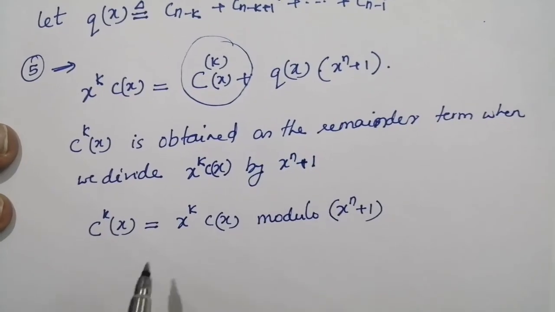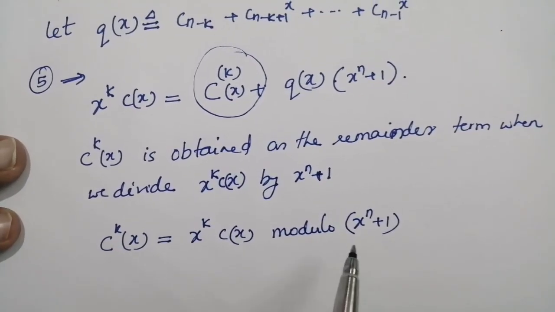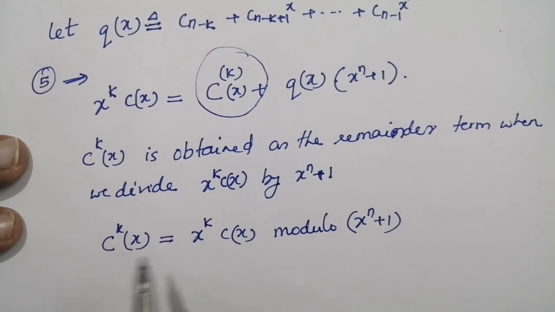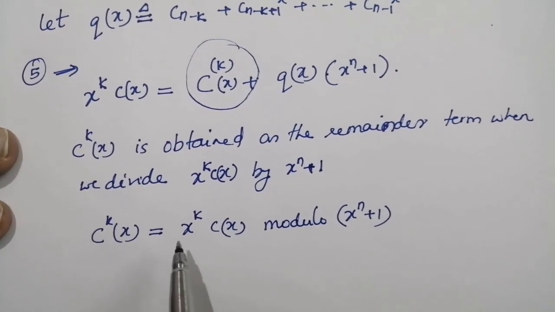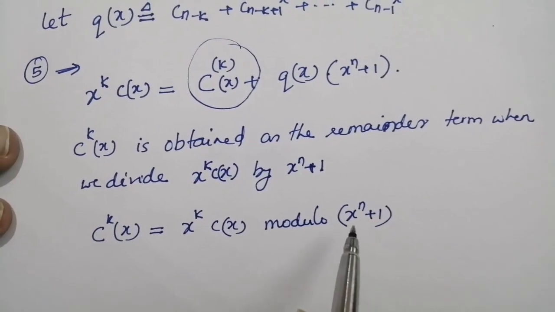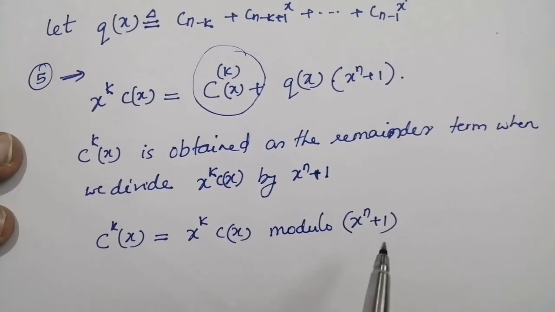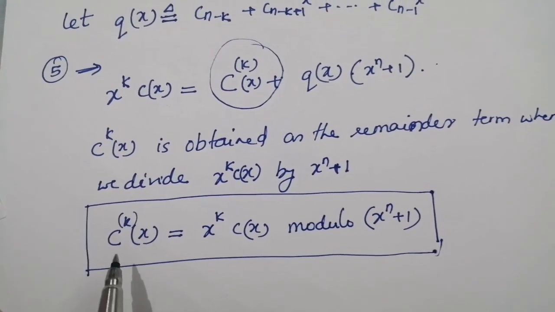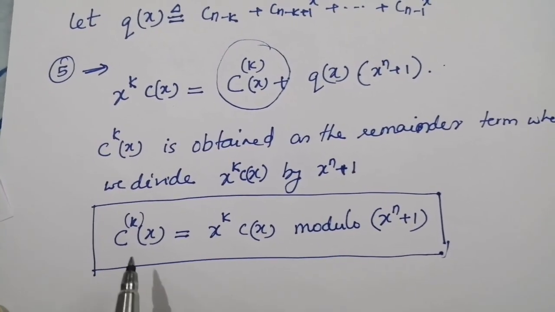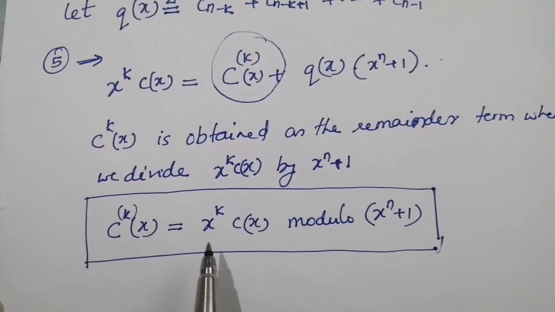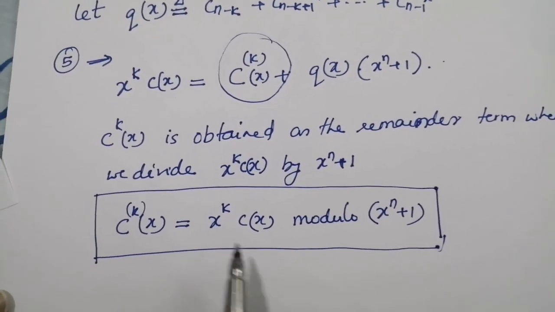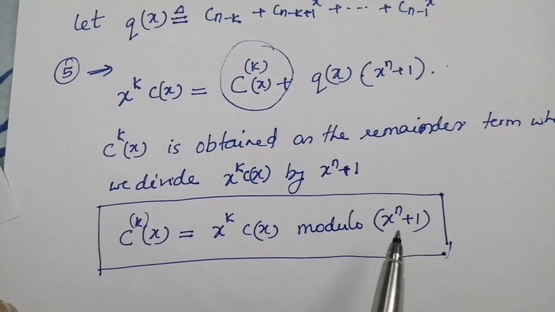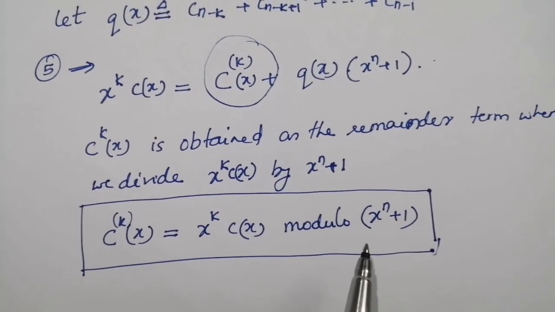That is, modulo operation is basically the remainder operation. That is, ck of x is obtained as the remainder term if you divide x raised to k c of x by x raised to n plus 1. Now mathematically, what is ck of x? That is, k cyclic shift to right is the remainder term obtained by dividing x raised to k c of x by x raised to n plus 1. Thank you.